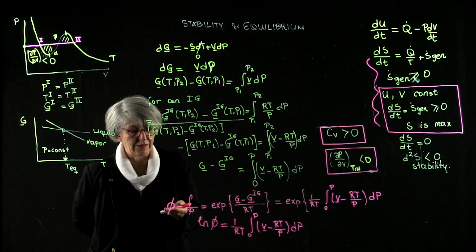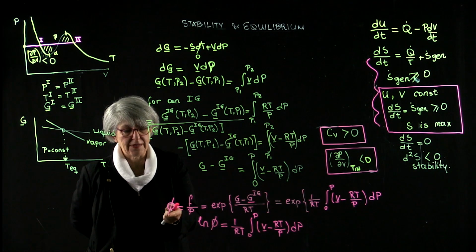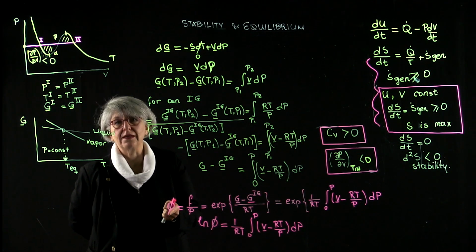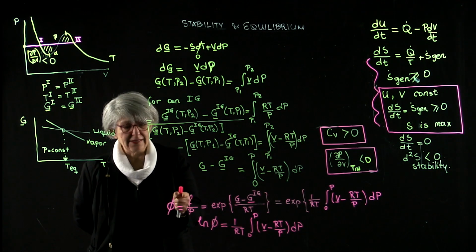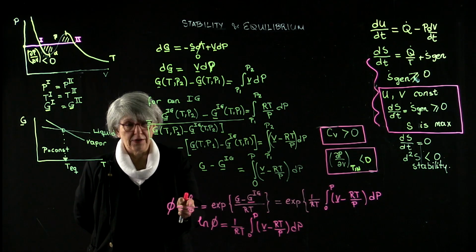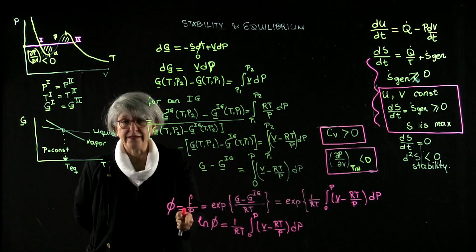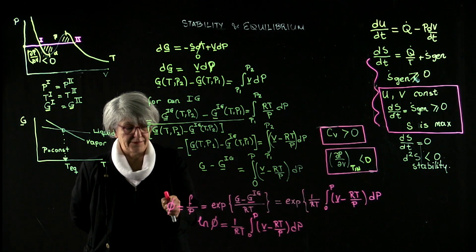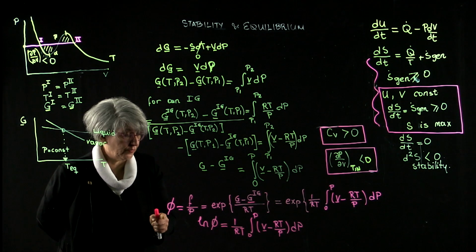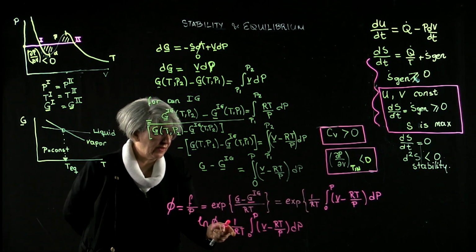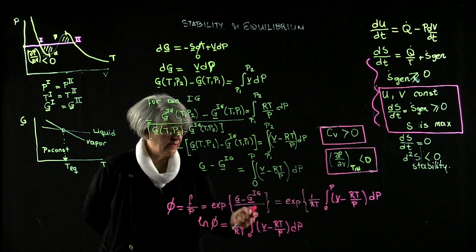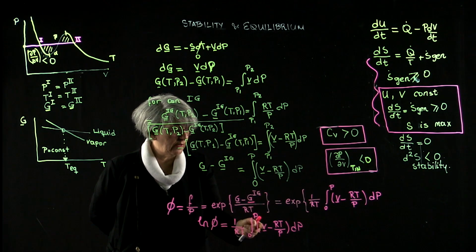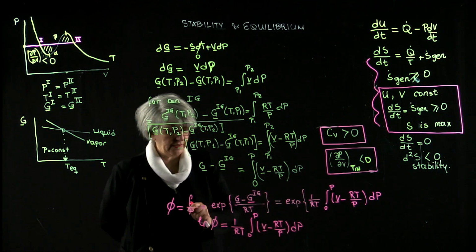This is the fugacity coefficient. We represent it by the Greek letter phi. Greek letter phi is the ratio of fugacity divided by pressure. If we take the natural logarithm of the fugacity coefficient, we get an expression of 1 over RT, integral from 0 to P, V minus RT over P dP.